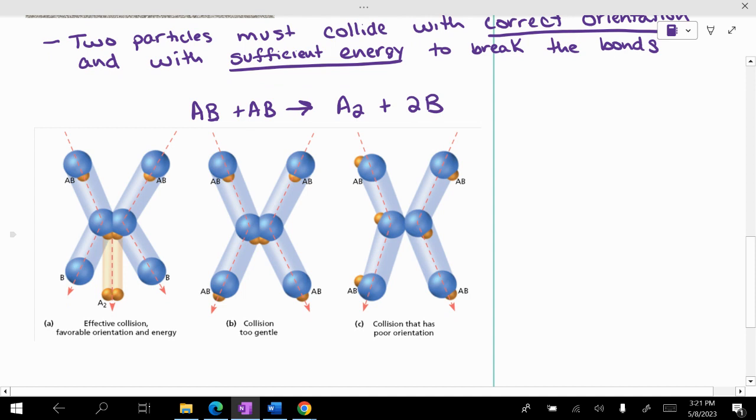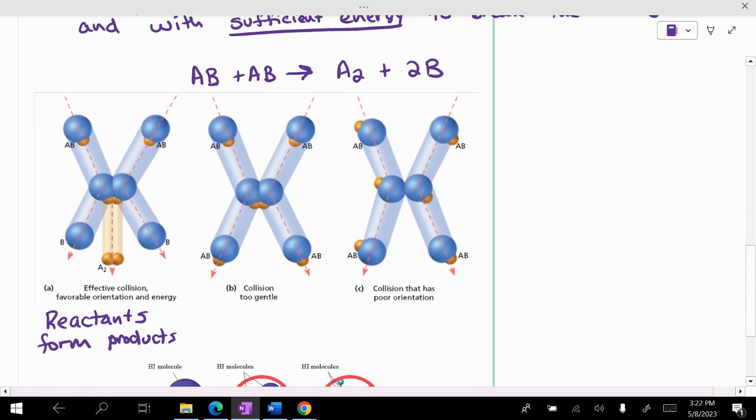It's favorable orientation, sufficient energy, so reactants form products. In the center, you have them oriented correctly, but the collision is too gentle.